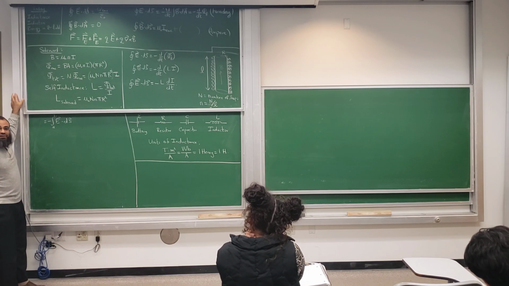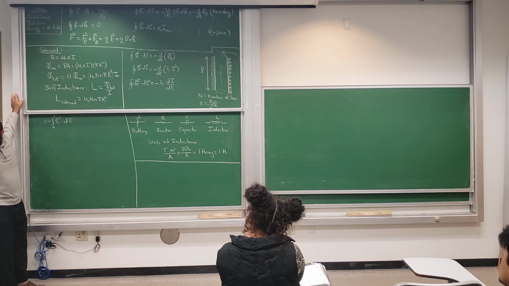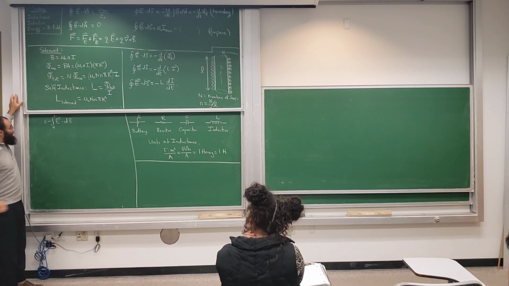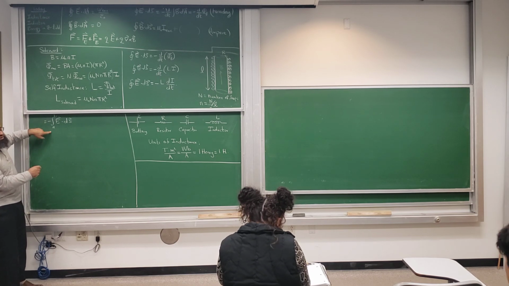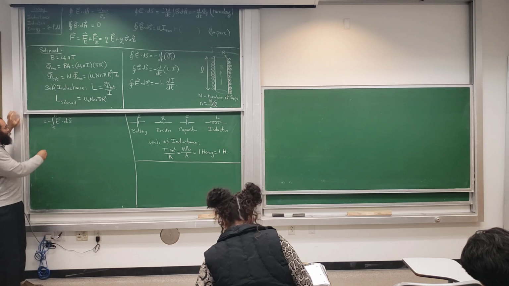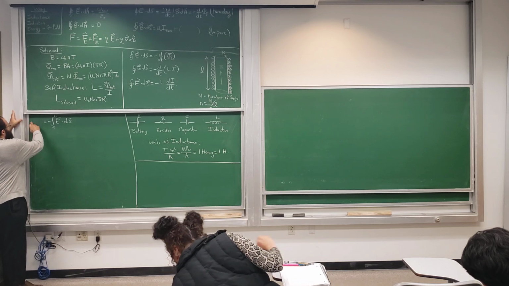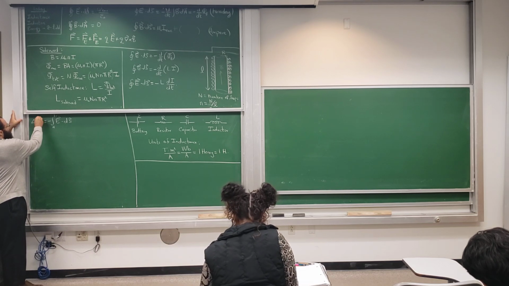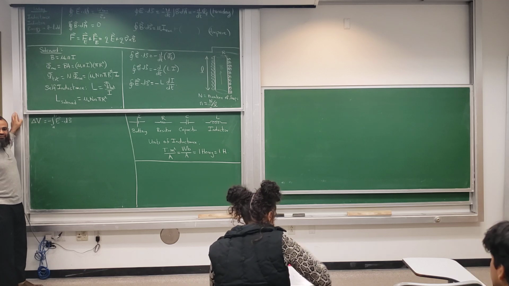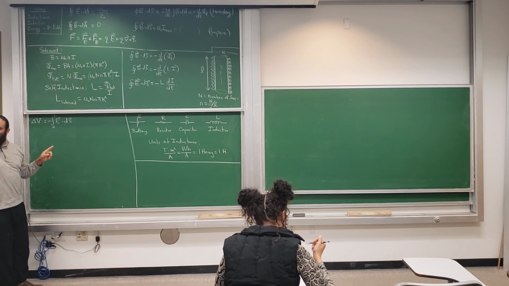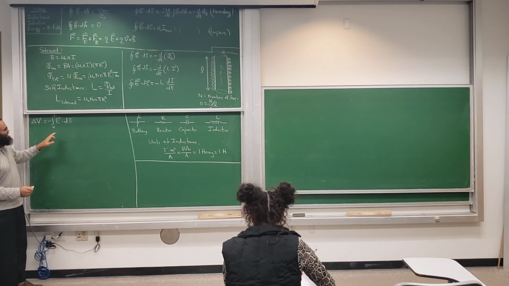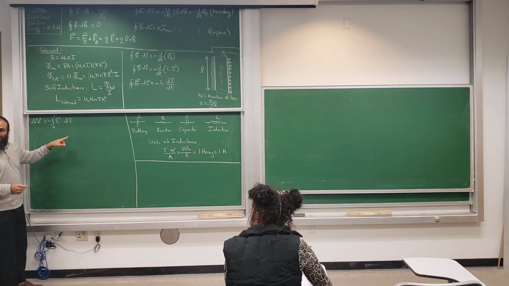That's a potential difference. Delta V. It's the potential at B minus the potential at A. This is delta V, the change in potential. Just remember that, because we're going to do something right now.